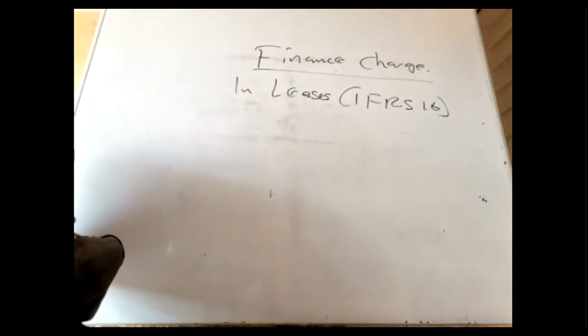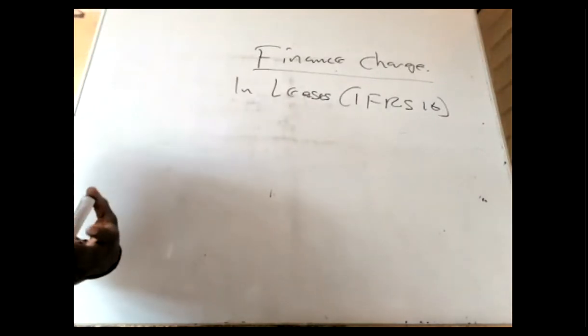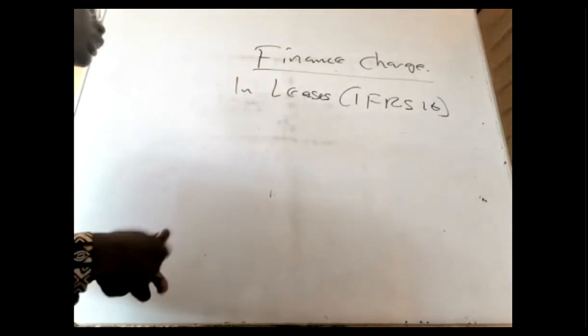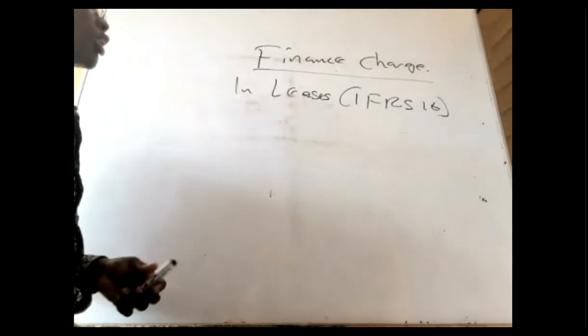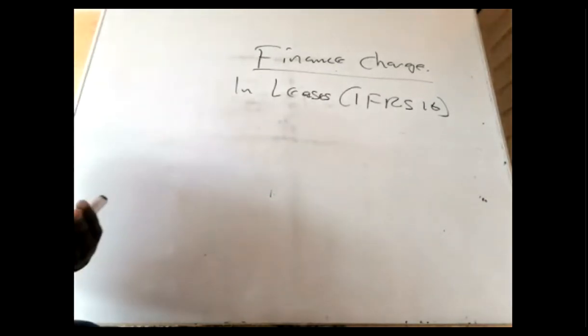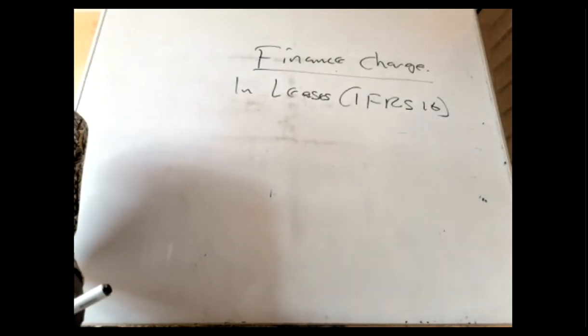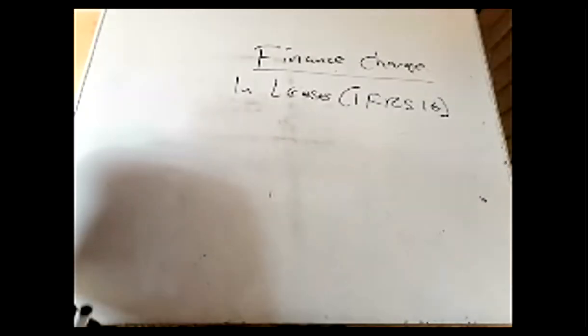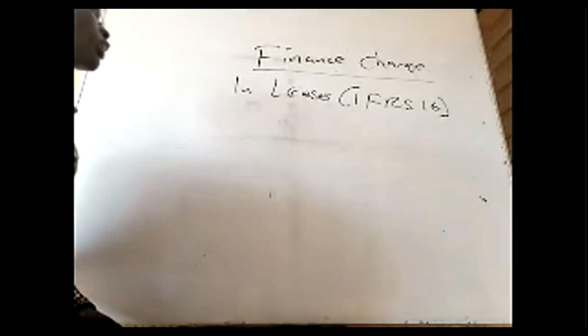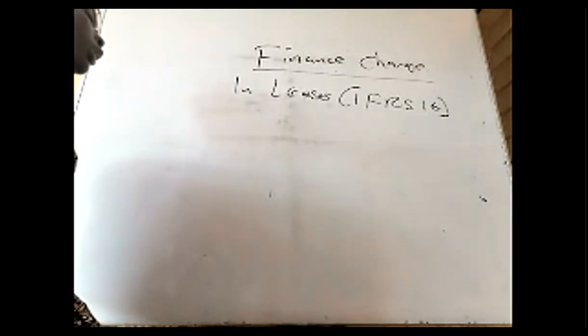You have the actuarial method, the one that we know, the one that we can calculate using a percentage. So the finance charge can be determined in two ways.